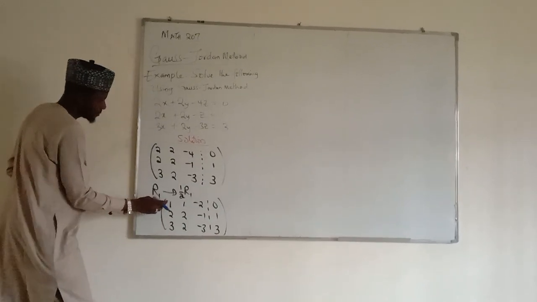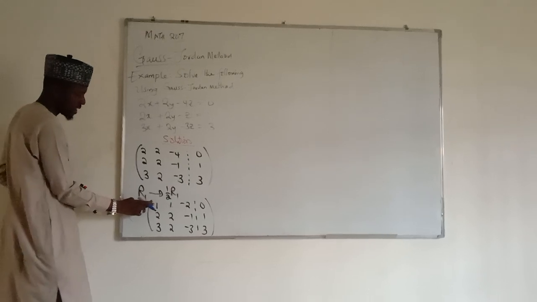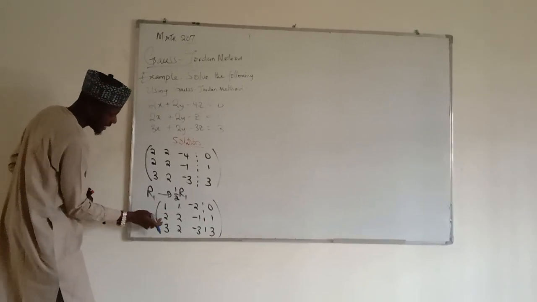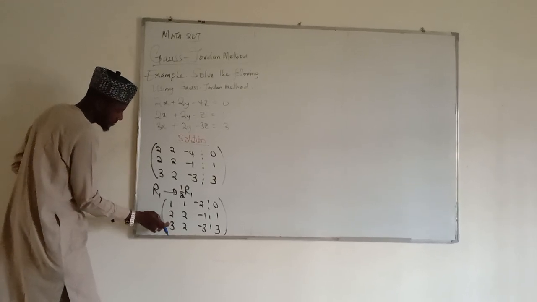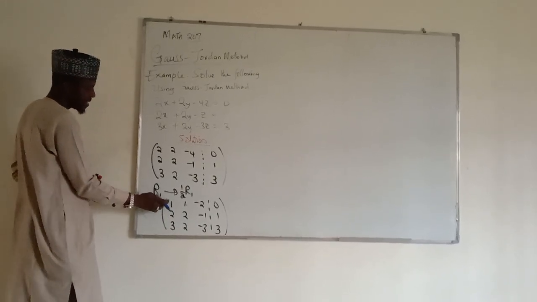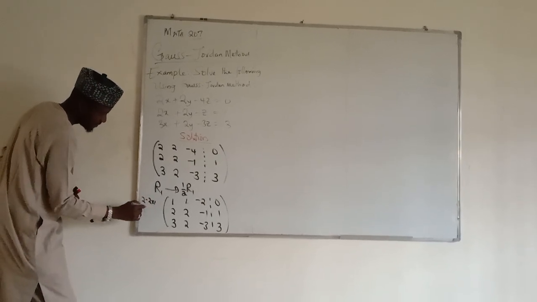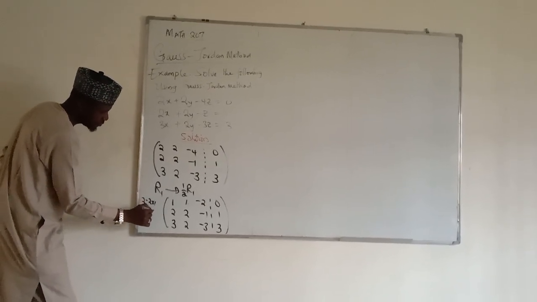If you look at this, we have the first element to be 1. Then the element below the first element is 0. So how can we make this one to be 0? 2 minus 2 times 1 gives 2 minus 2, which is 0.